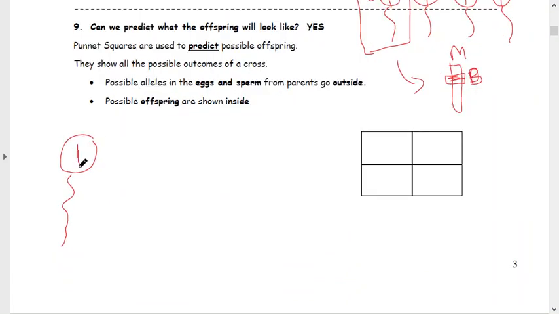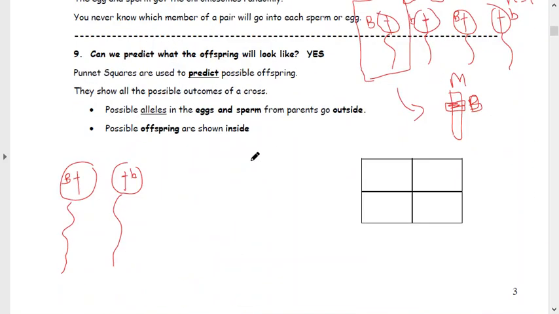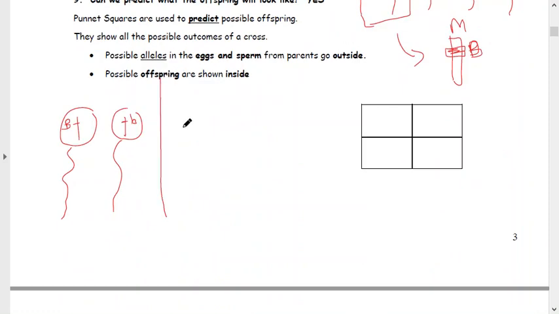So that's what we're going to go ahead and show you here. So either that sperm or this sperm would have fertilized the egg cell. And let's say, oh, you know what? Let's say that mom is heterozygous also, just for this example. So in this example, both parents are heterozygous.